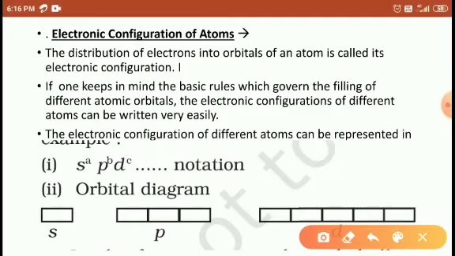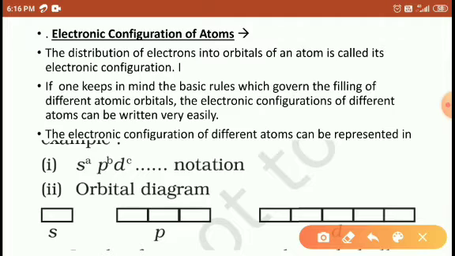So next is the electronic configuration, students. Using the Aufbau principle, the Pauli exclusion principle, and Hund's rule, we write the electronic configuration. The definition: the distribution of electrons into the orbitals is called the electronic configuration.